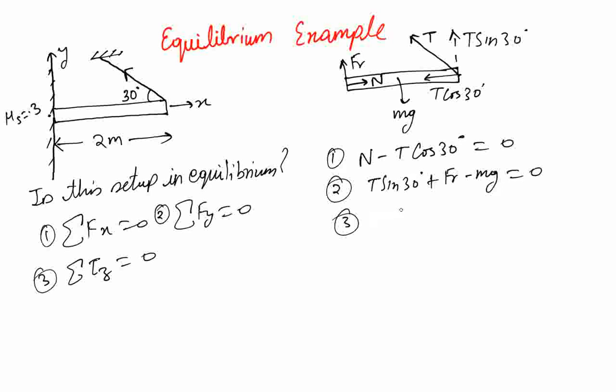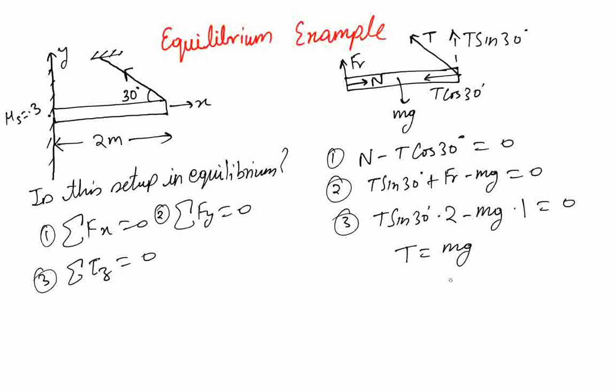And the third one: T sine 30 degrees will rotate the beam in the counterclockwise direction, and the torque it provides will be T sine 30 degrees times 2, and mg will do the opposite, so it will be mg times 1 equals 0.